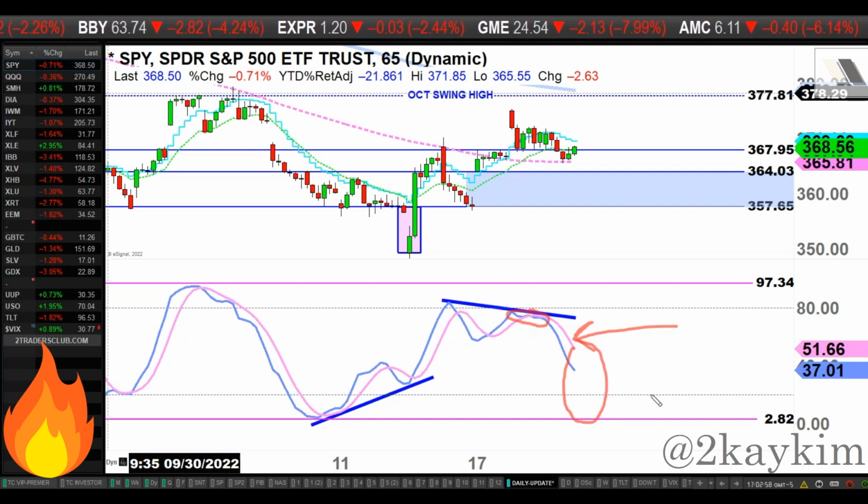So if bulls are not careful to get that oscillator to cross back up as quickly as possible, we could see 364 or lower from the bears utilizing this bearish divergence formation.